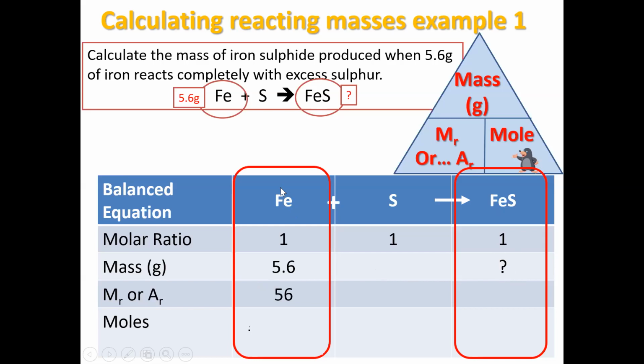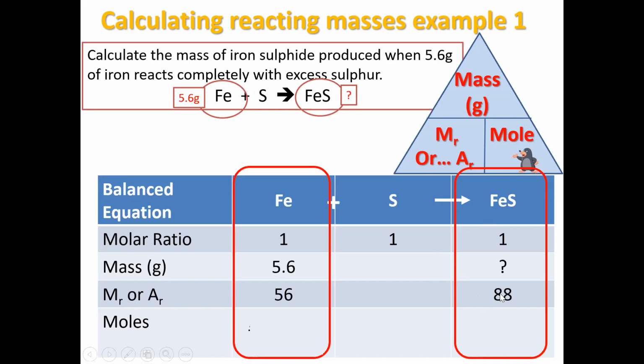Now, because this is just a single atom of iron, that's actually relative atomic mass. So you would get that directly from the periodic table, and it's 56. For this one, that's going to be relative formula mass. Now, to work that one out, you would do the calculation 56 plus 32 equals 88.